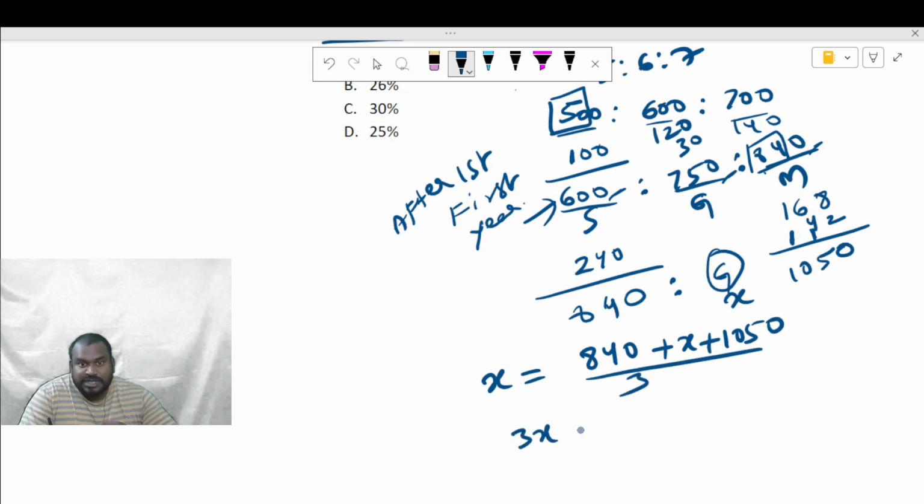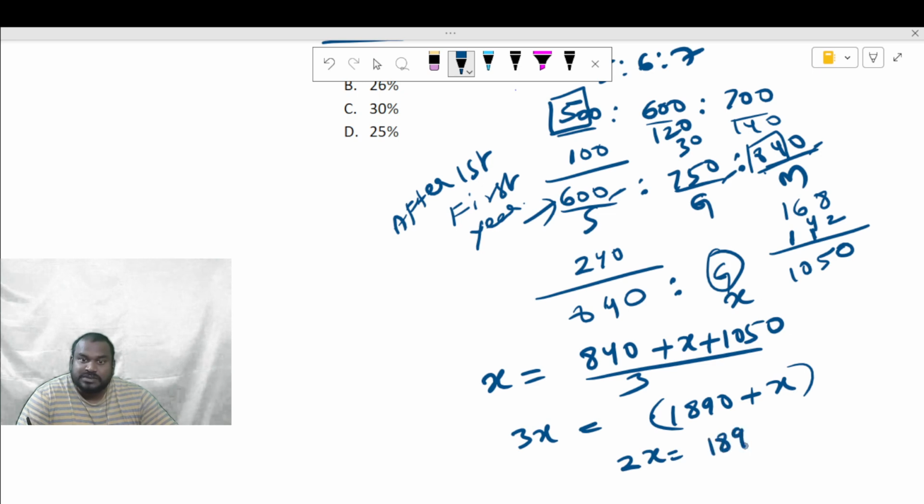So now 3X is equal to 1890 plus X. So now 2X is equal to 1890. So X is 945.